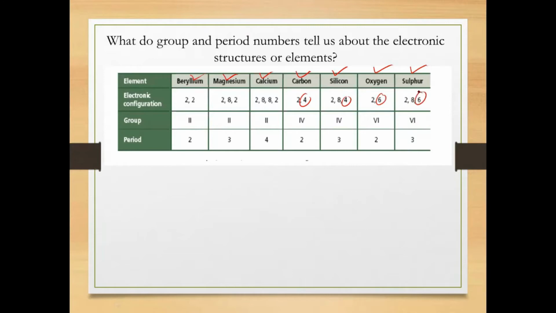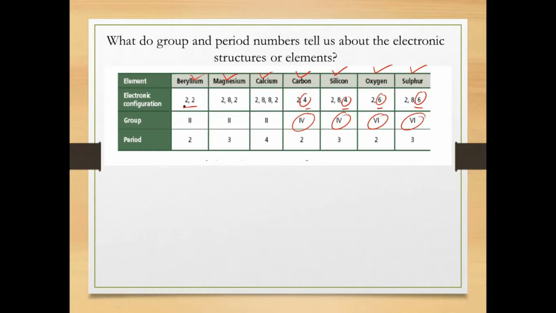Then silicon, 4 valence electrons. Then oxygen from group number 6 has 6 valence electrons. Sulfur, group number 6, has 6 valence electrons. So the valence electrons can be identified by group number, or the group number can be identified by the valence electrons. Valence electrons are the electrons present in the outermost shell of the element.